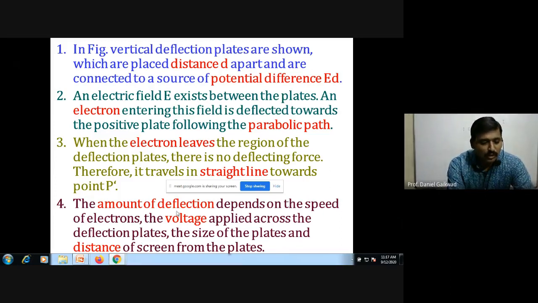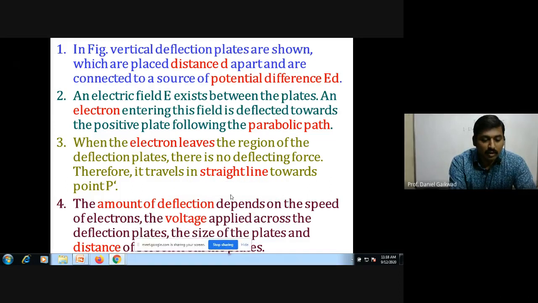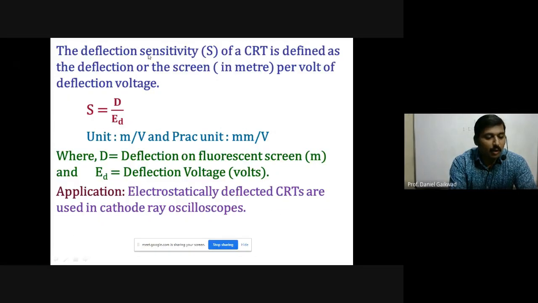Second, the voltage applied across the deflection plates, and third, the size of the plates and the distance of the screen from the plates. How much distance between plates and screen, on that the amount of deflection depends.